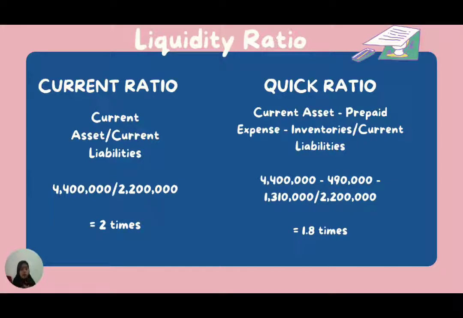Quick ratio is the current asset minus prepaid expenses and minus inventories, divided by current liability, which gives us 1.8 times. The current ratio is current asset divided by current liability, which gives us a result of 2 times compared to the industry. Next, I move to the other group.